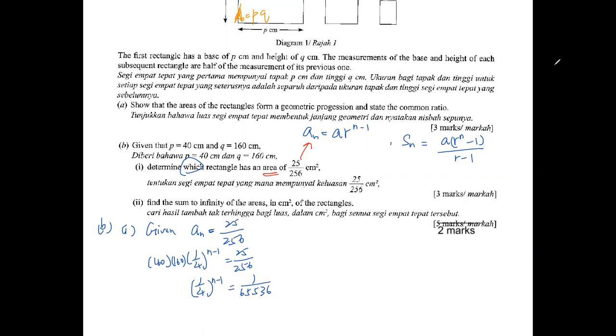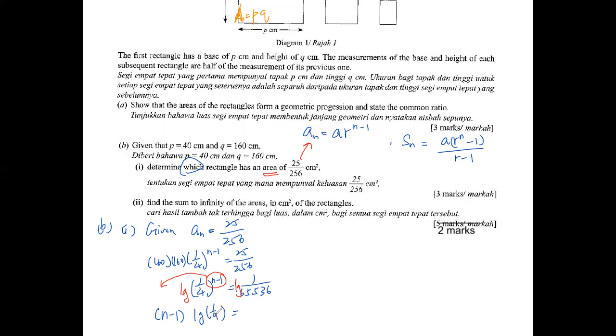Then what's next? We want to find the power, this n, which is at the index. We learned how to use logarithms to move this power forward. When you take log of both sides of the equation, you may move the power n minus 1 forward and it becomes a factor. Then we have n minus 1 times log of 1 over 4.